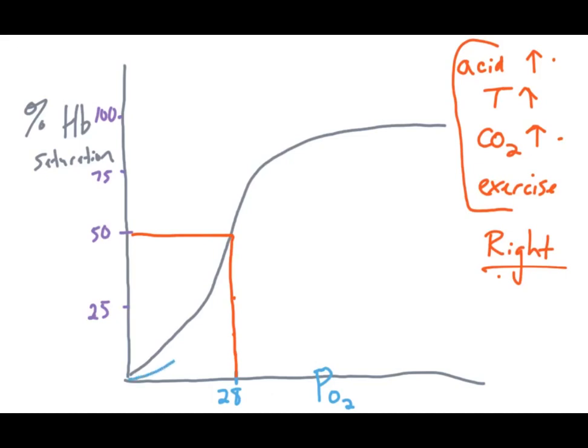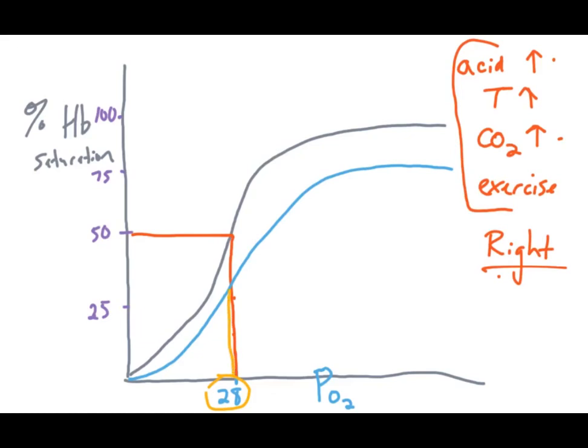Here's what this curve might look like. This is far from perfect, but just to give you a sense. Okay, so under those same conditions, we'll say a partial pressure still at that same 28, 30. Look at where we now hit the curve.